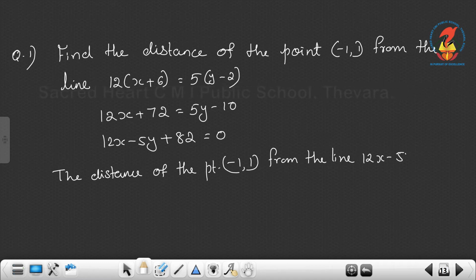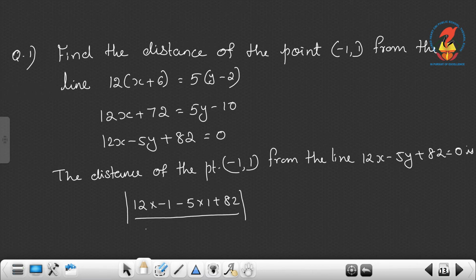12x minus 5y plus 82 equal to 0 is modulus of, for this x and y you have to give the point. So 12 into minus 1 minus 5 into 1 plus 82 by root of coefficient of x square plus coefficient of y square.